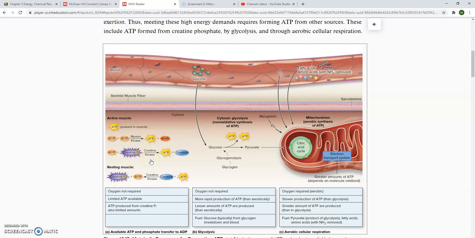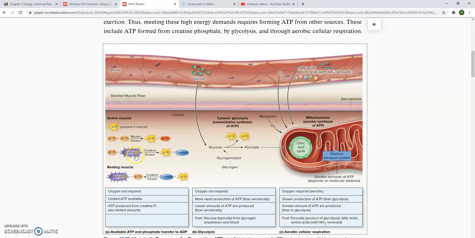So we have other sources. The third source also includes an enzyme, and it will provide more ATP than our stored ATP and myokinase. That enzyme's creatine kinase, and what that enzyme works on is creatine phosphate. What it will do is break the bond. So this creatine phosphate has a phosphate on it.